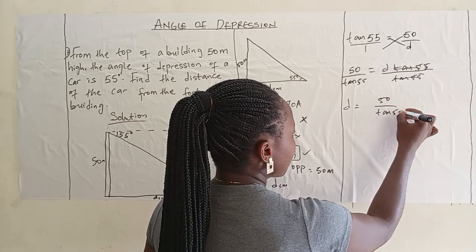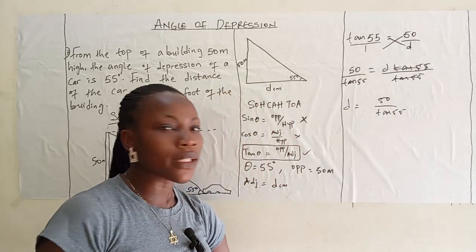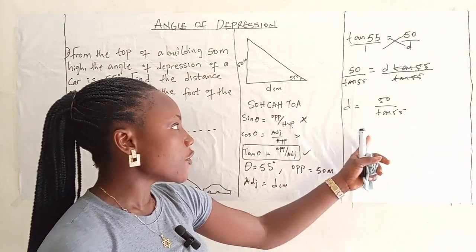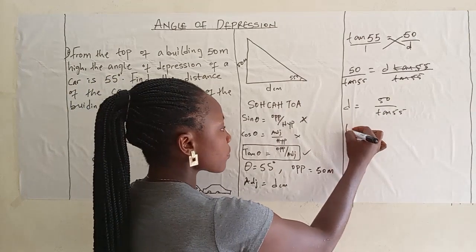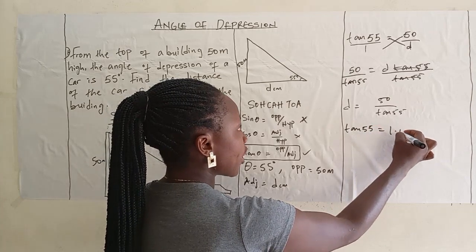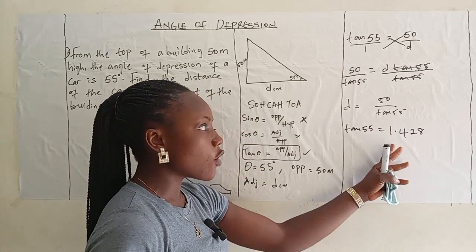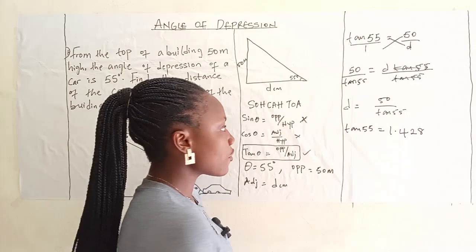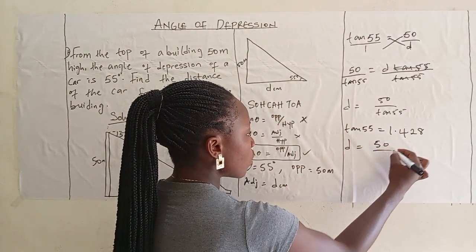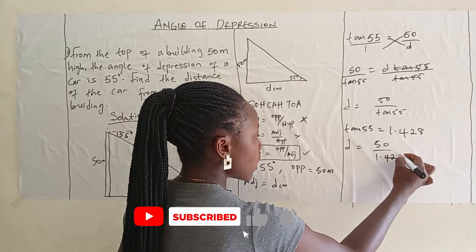And tan 55, using tangent of angles, is equal to 1.428. This is the value of tan 55. So we're going to have D equals 50 over 1.428.